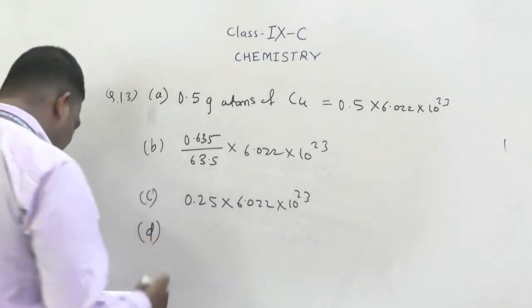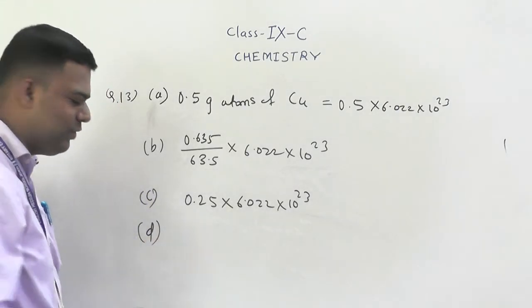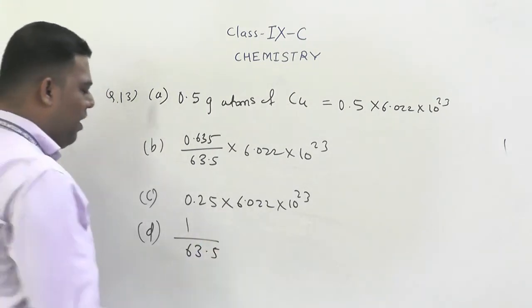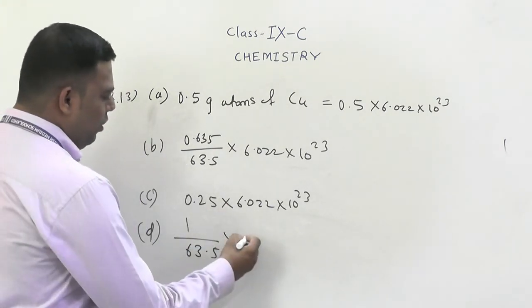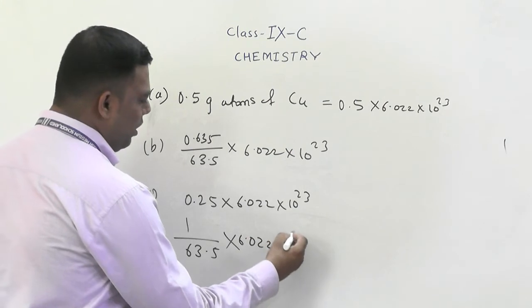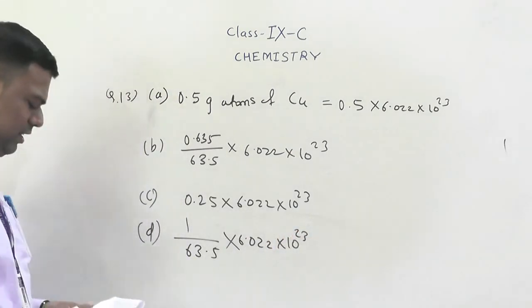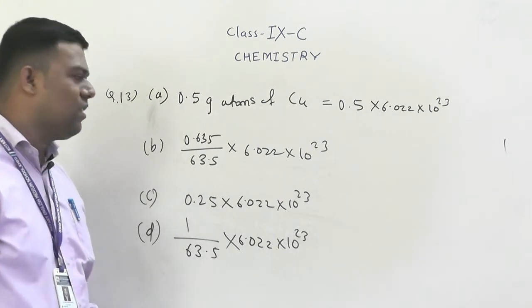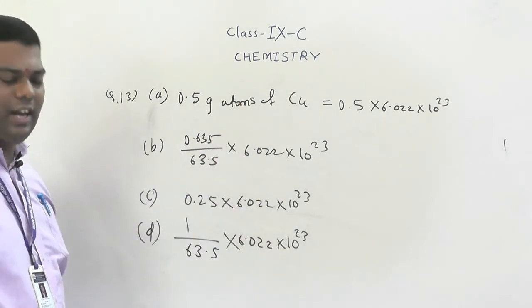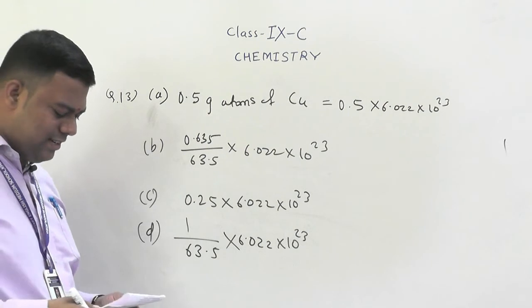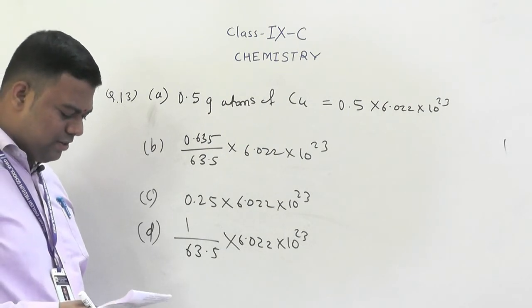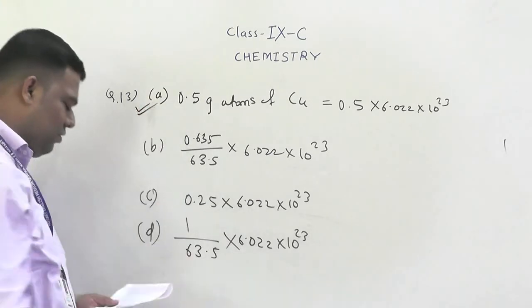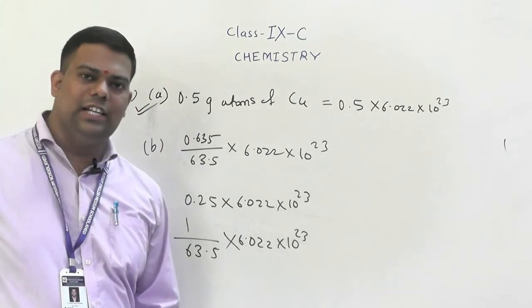And in small d, 1 gram of Cu. So 1 divided by 63.5 mole into 6.022 into 10 to the power 23. After calculating you will get the answer: small a has the largest number of copper atoms. Okay, so you can easily solve this.